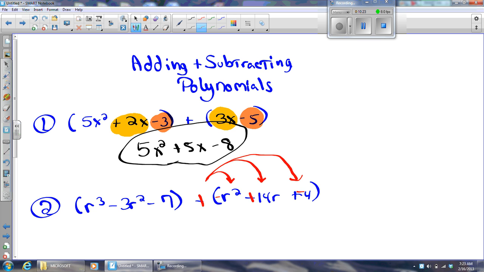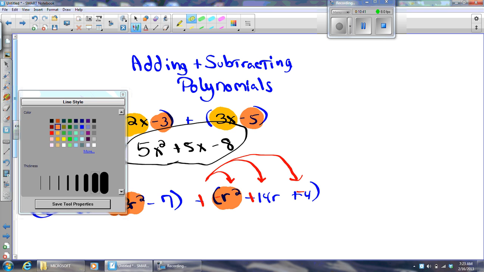Okay, and then I go to my highlighters, and let's see, I've got an r cubed. I don't have any other r cubes. I've got a -3r squared, and I've got a -r squared. There we go. And then, oh, I can probably just go right here.